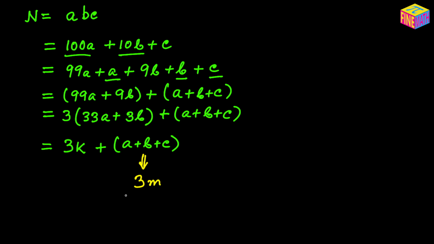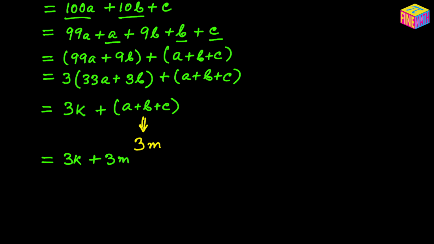So with that assumption, our number now is going to look like 3k plus 3m. Right? So from here we can say this is equal to, now let's take 3 as the common factor out, so it would be k plus m. Again k plus m, k and m being some integer, so this is also equal to 3 times some other integer. Let's say it is a p, maybe 3 times p.